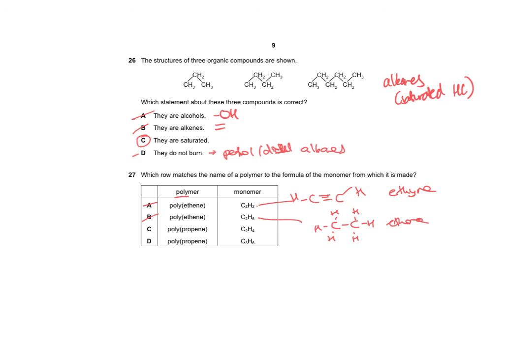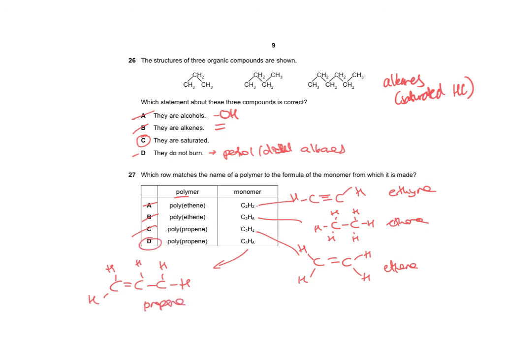So that's not right. C2H4 is ethene. So that, yeah, I read that right. Yep, that's right. And then the last one is C3H6. There must be a double bond there. So that's propene. So D is correct.